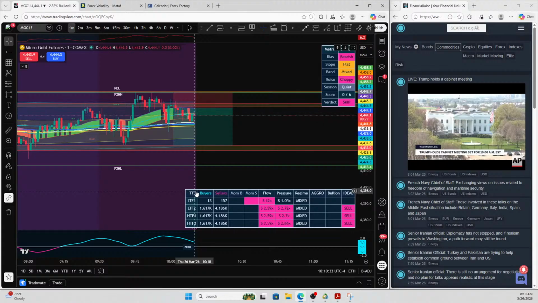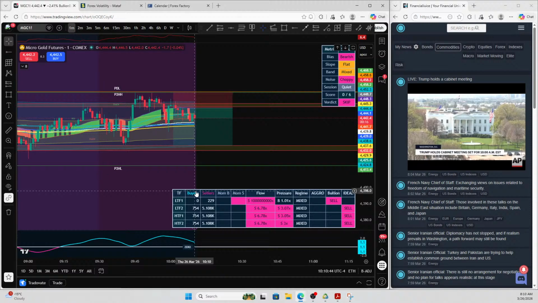So we want to see how the market responds, and do we see that bear move that we are expecting, or we just are gonna wait and become bullish because of this cabinet meeting.